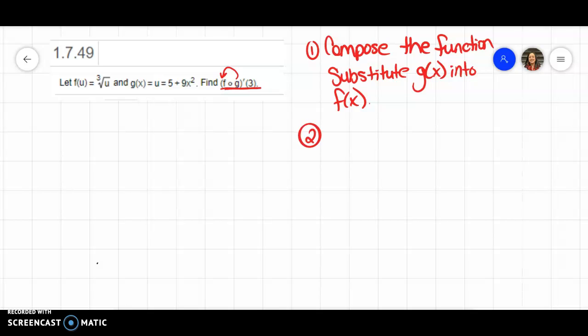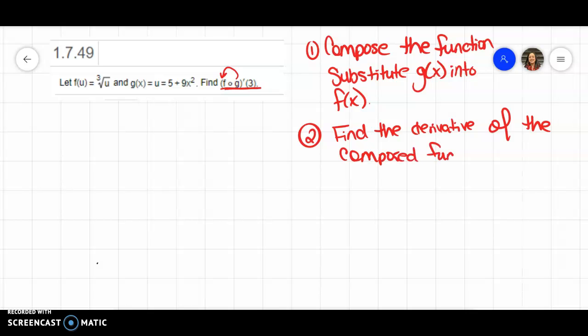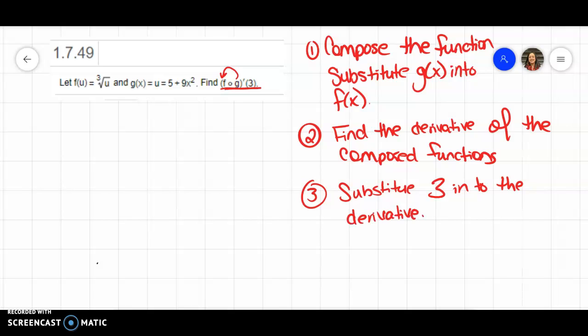My second step would be to find the derivative of the composed functions. And then the third step would be to substitute 3 into the derivative. Now I'm writing really quickly, and I know I'm terrible at spelling, so I apologize if I spelled anything incorrectly there, or if I will in the future.